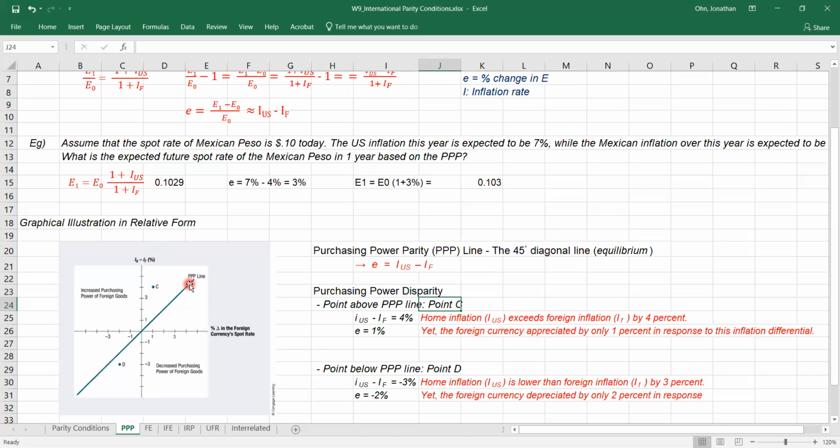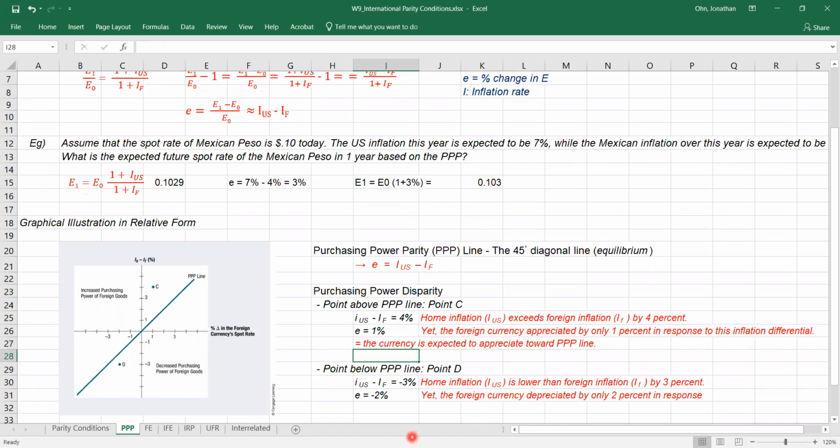So you could say that the currency is expected to appreciate toward the PPP line.